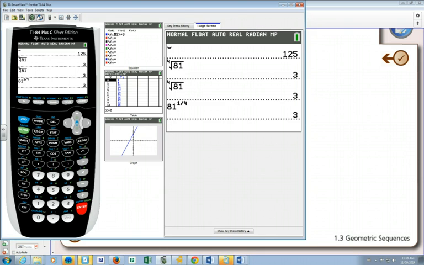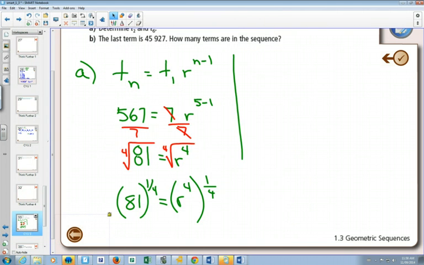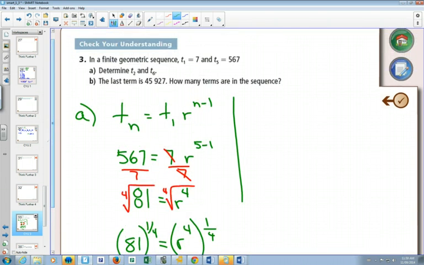So now that we've figured out that r is 3, we can multiply term 1 by 3, and you can find out that term 2 will be 21. You could also find out term 2 by plugging it into the formula, because now we know term 1 and r.